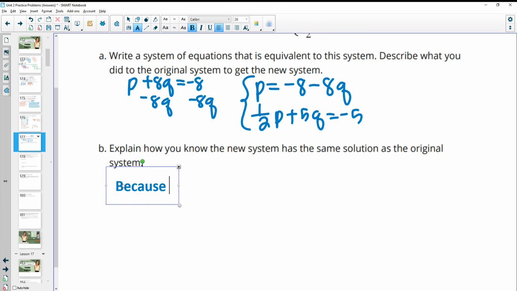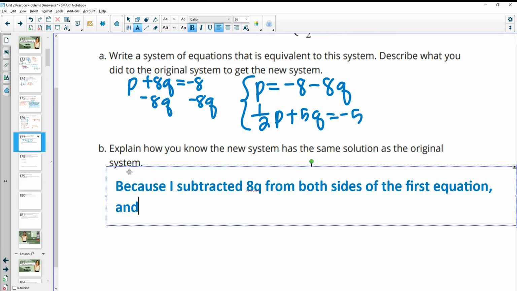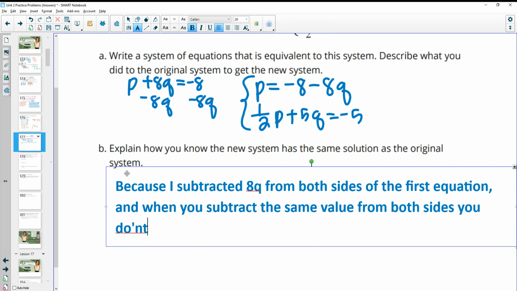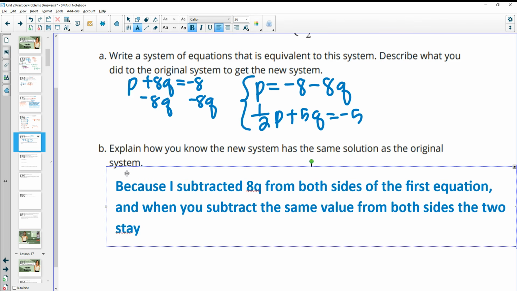And so how do I know that my new system is the same? Because I subtracted 8q from both sides of the first equation. And when you subtract the same value from both sides, the two sides stay the same, stay equal.